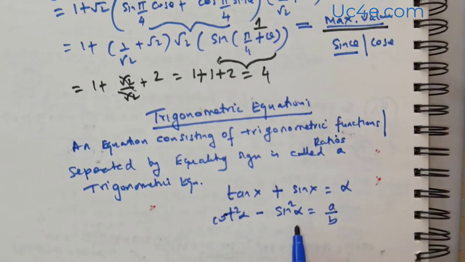So the usual representation is you should ensure that there is an equality here. If you are not able to find the presence of an equality sign, then we are not dealing with the equation.